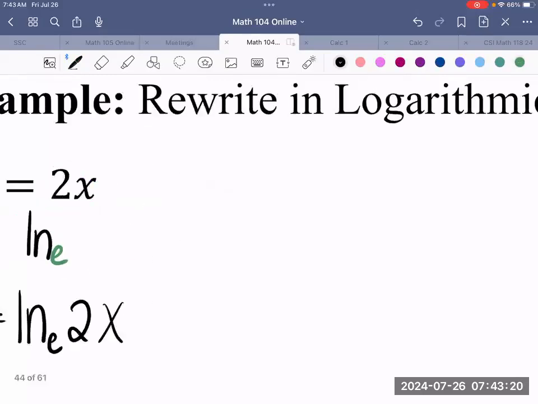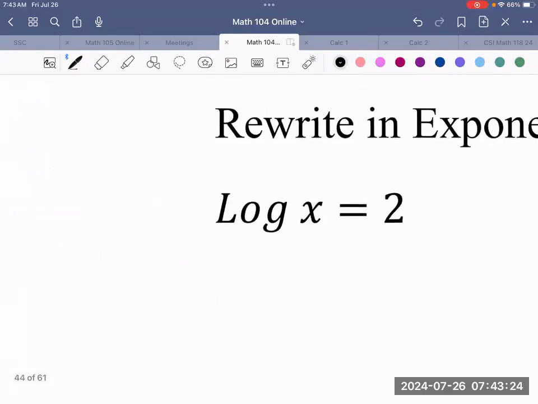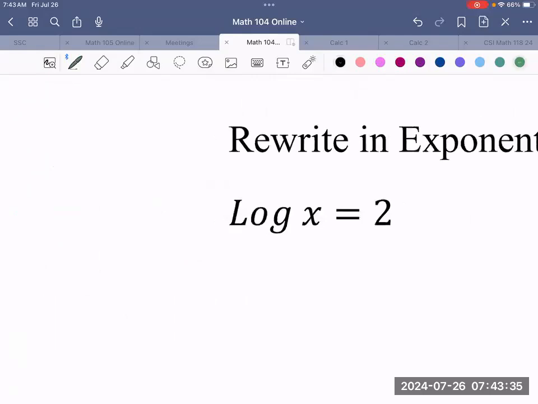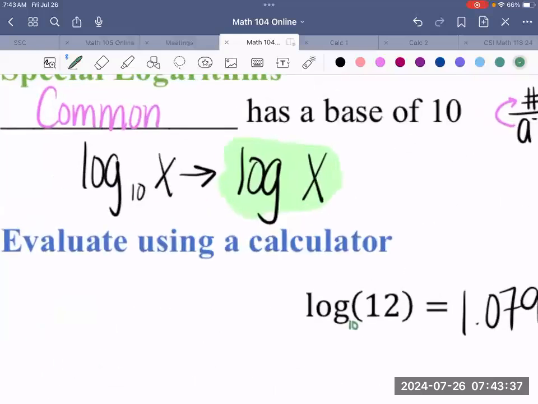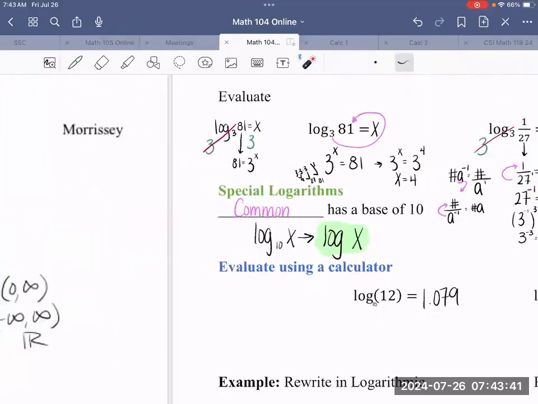Let's try it with this one. Notice that you have the logarithm, no base is showing, x is equal to 2. So what is your base here? Again, see if you can pause the video. Well, if the base is not written, we said it's really a common log. It's a base of 10.